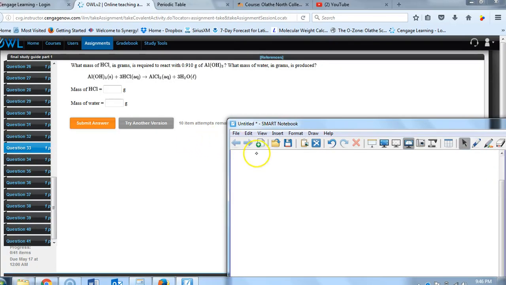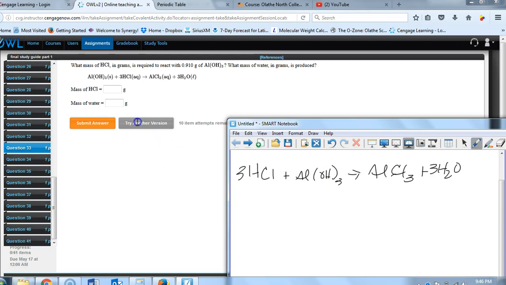And time for a little stoichiometry. Hydrochloric acid plus aluminum hydroxide will give us aluminum chloride plus water. All right, we need to know the mass.